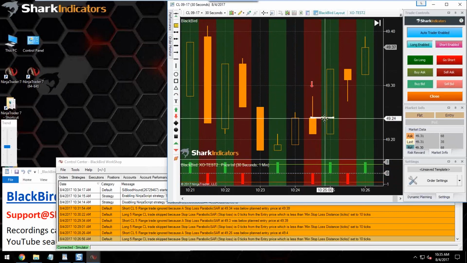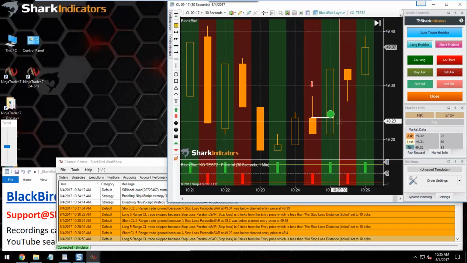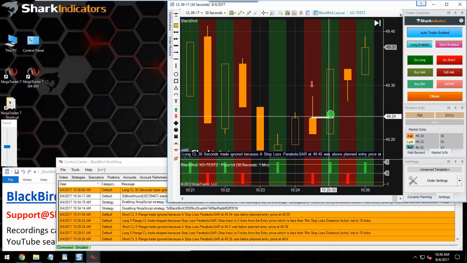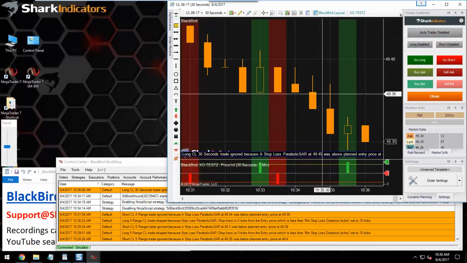So at that point, when price finally crosses the previous bar's open, that would be used to fire off the trade signal. Let me see if I can generate something like that here.